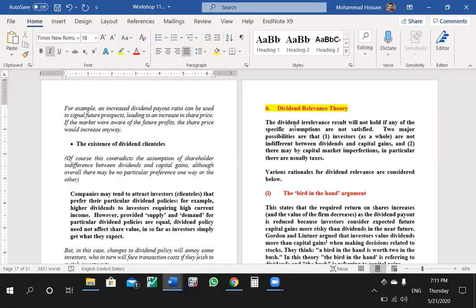It will take time. Share price will go up eventually, but it will take time. But dividend is the amount of money that you are actually getting on the spot. So what you're getting right now in your hand, that's a dividend. Every year or after every 6 months, they're offering you some dividends.